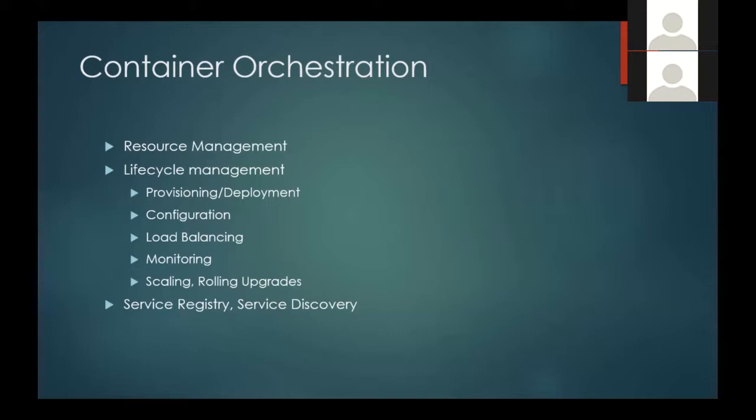With lifecycle management, as we'll see in a little bit in the demo, it can help bring up extra pods or extra containers containing our applications if we need more resources. And the other thing it provides is the ability to load balance, scale, and monitor all our containers.